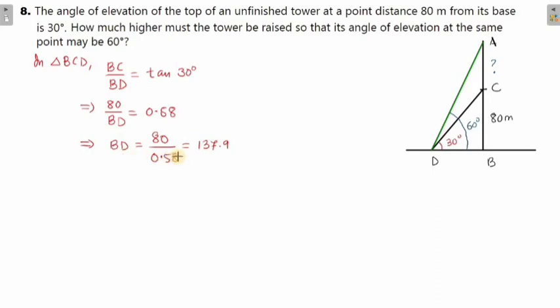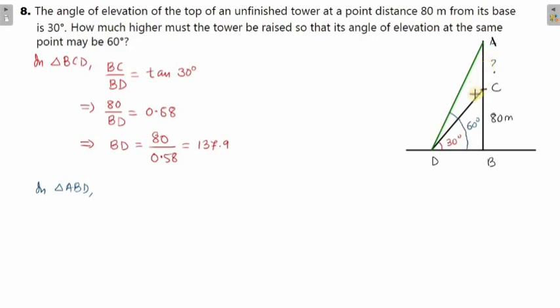We got our BD. Now let's make use of this particular triangle ABD. Forget about the smaller line. This time your angle is 60 degrees, and the side opposite to 60 degrees, that is the perpendicular, is AB in this bigger triangle.